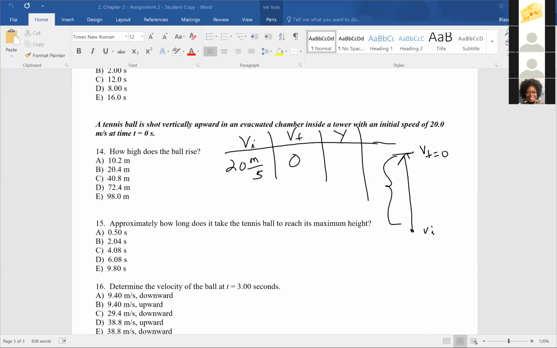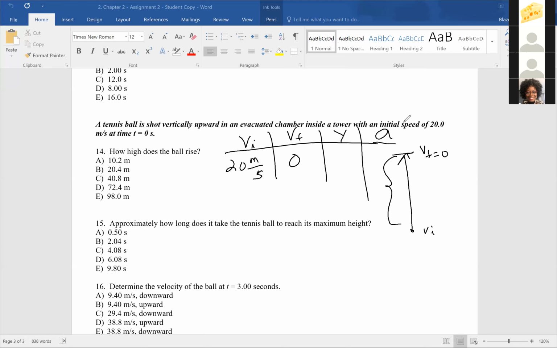Gravity. Okay. So what about gravity? Very good. The object is under the influence of gravity. What is gravity doing to this object? Someone tell me. In this picture, slowing it down. Okay. Now we just saw in our previous problem that in order for an object to slow down, it has to be what?